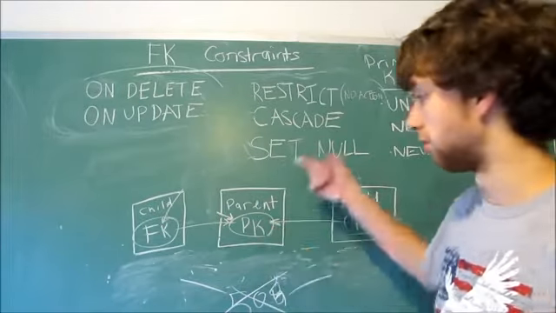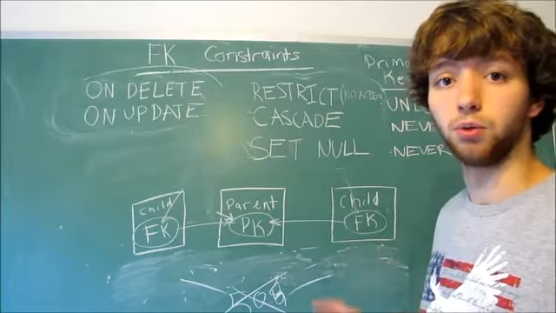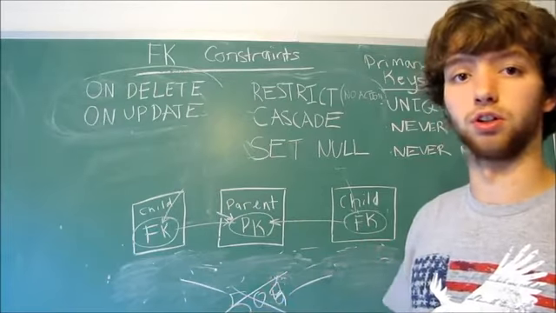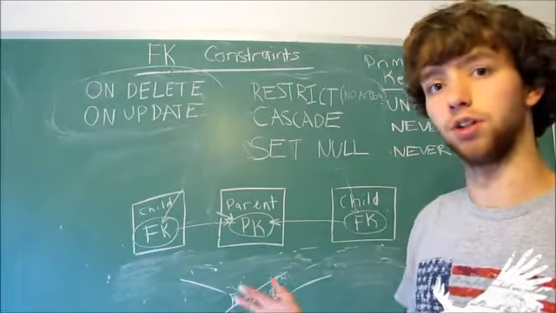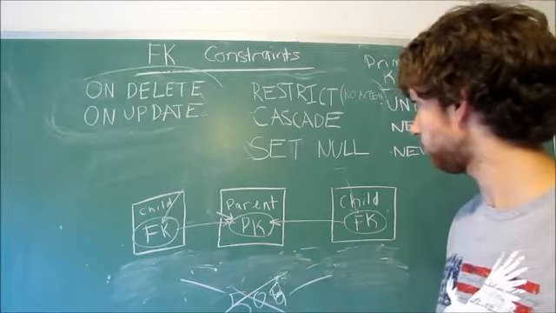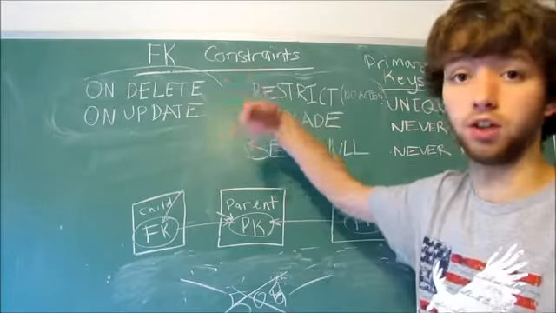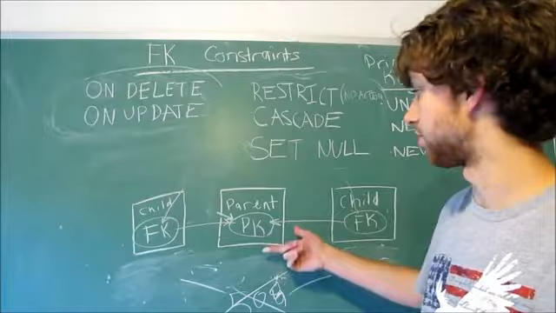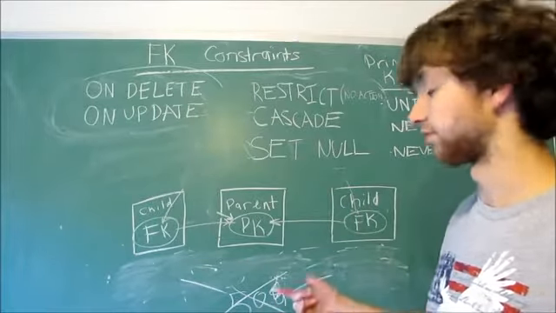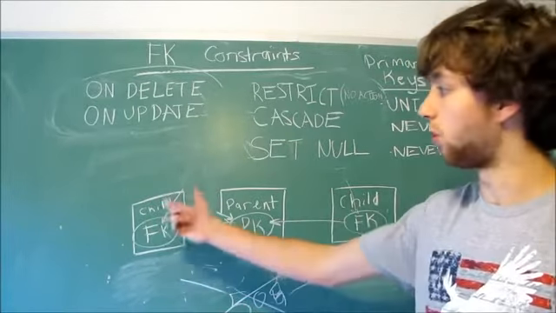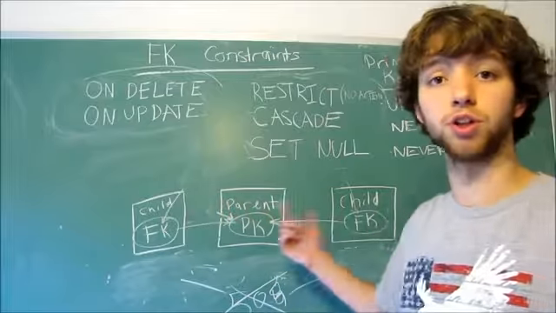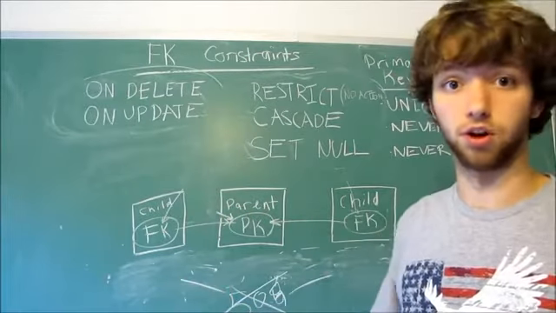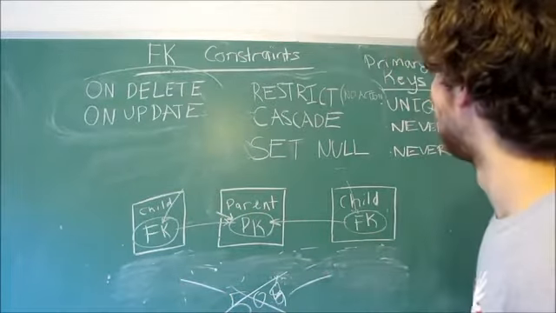If we delete that, we're now going to have a comment with no commenter at all. That's what set null will do if we use on delete. On update, same thing. If we change the ID of the parent from 504 to 508, all of the children are going to be set to no value as well.